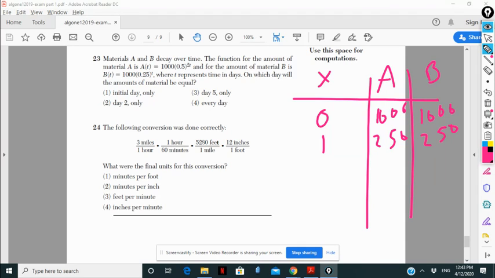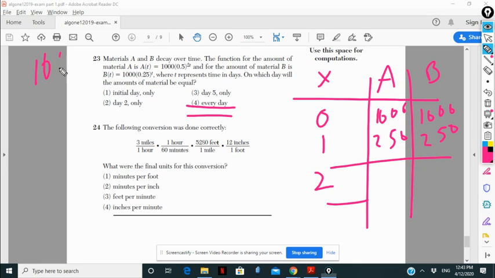Okay. Now when I plug in 2, in that case I'm going to have the same numbers every day. Why? Look here. I'm going to explain it in another way.